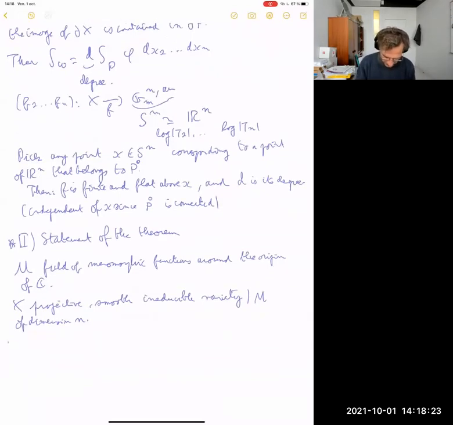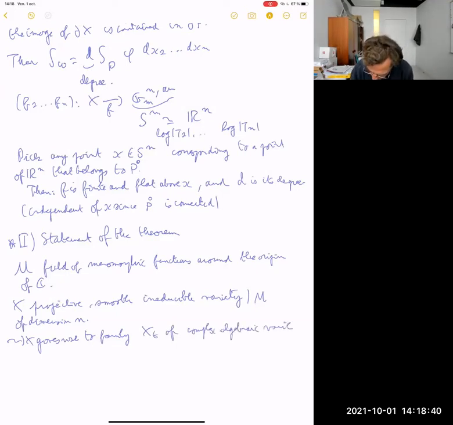Then X gives rise to a family X_t of complex algebraic varieties for t small enough and not 0, because it's over the field of meromorphic functions. So for t belonging to D minus 0, D a small disk.